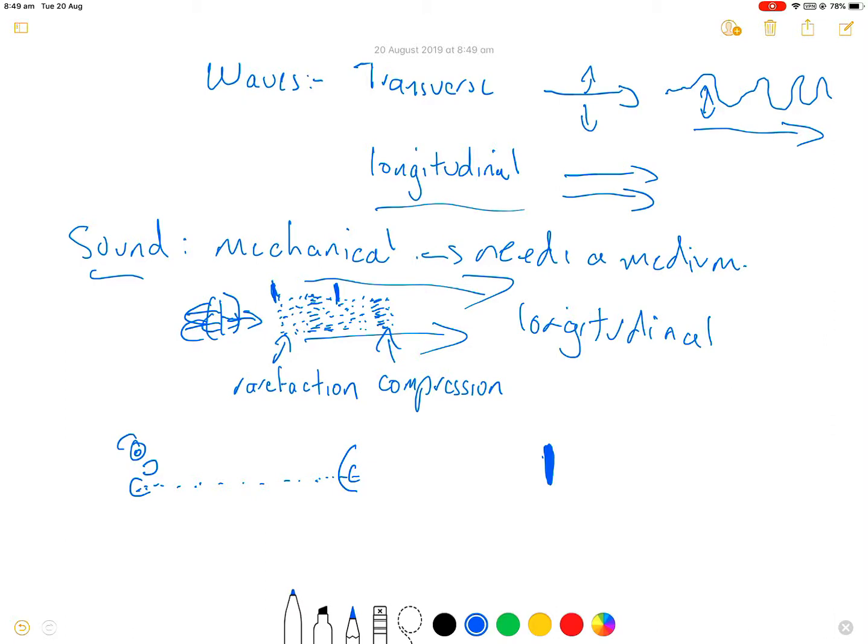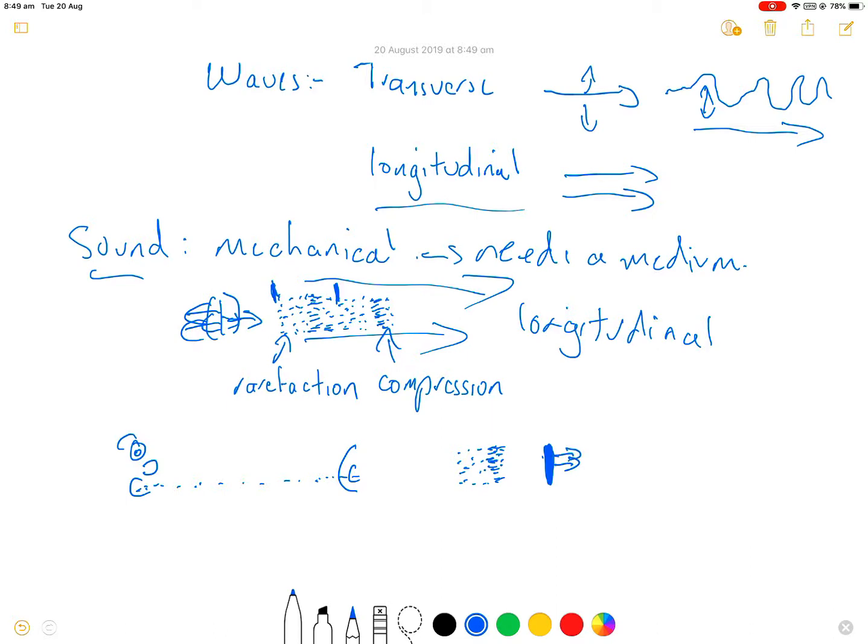The sound wave is made up of these compressions where the air particles are close together, and the rarefactions where the air particles are farther apart. When the compression hits the eardrum, it's going to force it in this direction because the air particles are pushed close together.